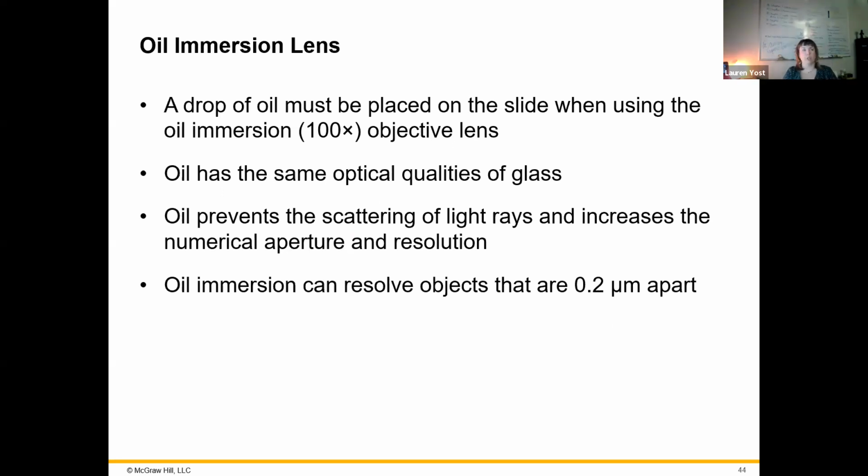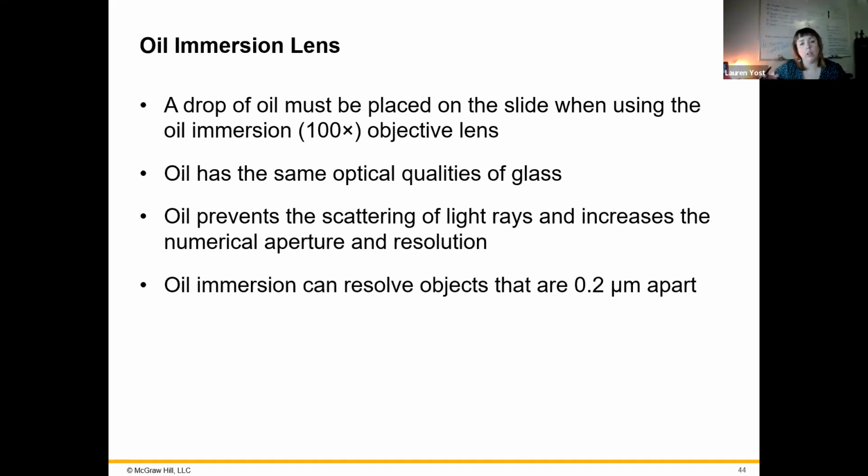With oil immersion, on our 100x lenses in our light microscopes in the laboratory, we have oil immersion lenses. We will be adding oil to it so that as the light travels into the glass and hits the specimen, and then goes back into the glass of the lens, if we had air there, it would distort the image.